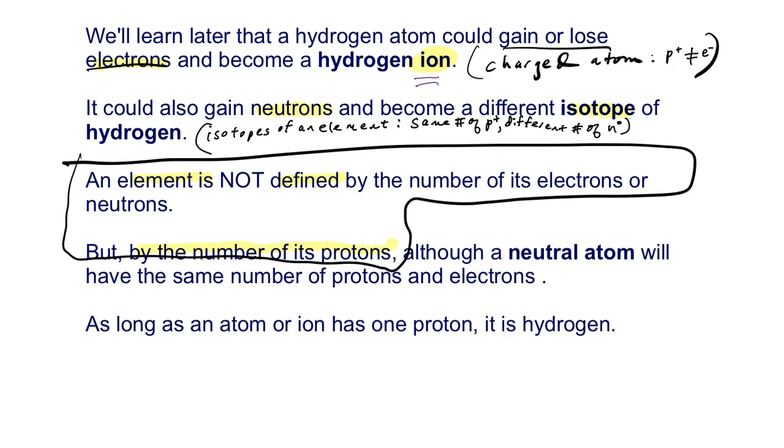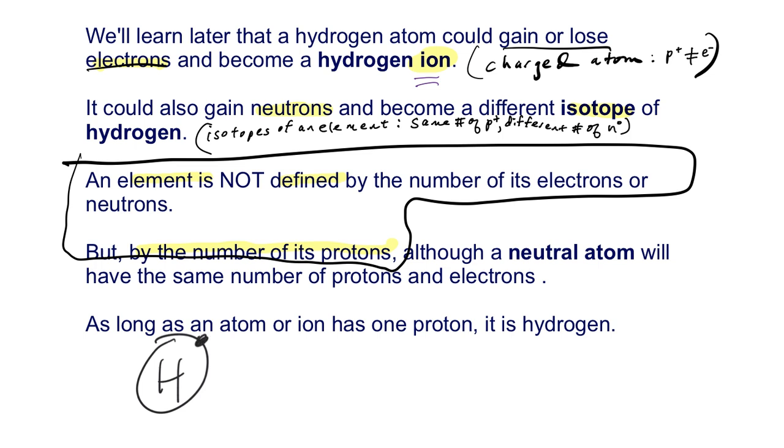Now, hydrogen could lose an electron and still be hydrogen. So I don't want to say the number of protons always equals the number of electrons, because the electron number can change, and that will not change the nucleus. It will not change the type of element or atom. Okay, so we could have hydrogen with 1 electron.